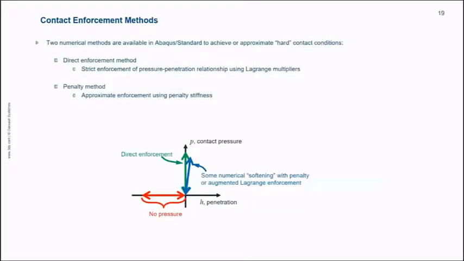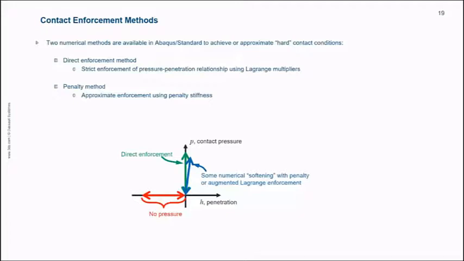The contact enforcement method is the way the constraint is maintained, if you will. We have the direct enforcement method, and we have a penalty method. And down here at the bottom, you can see this little XY plot. If the H is negative along the horizontal axis, then we have no pressure because H is the penetration. Penetration is negative, we have a gap.